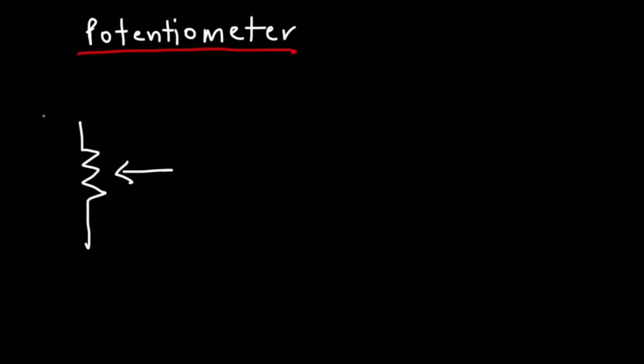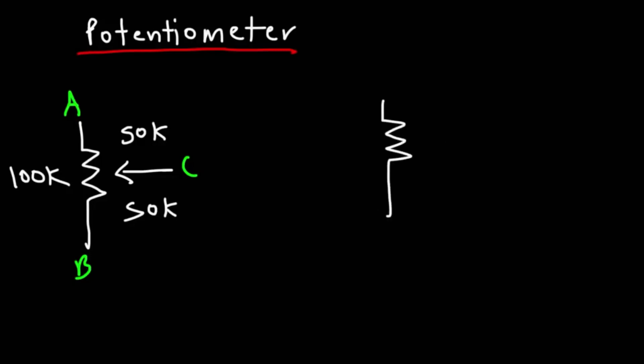So let's call this point A, point B, and point C. Now let's say this is a 100 kilo ohm potentiometer. If C is at the middle of A and B, the resistance between A and C will be 50K. The resistance between B and C will be 50K. But the resistance between A and B is always 100K, and that's important.